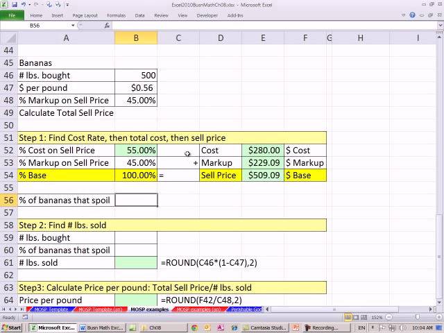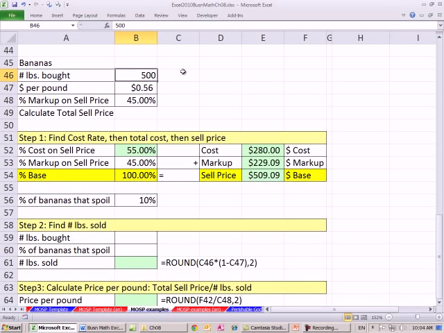But here's the kicker with perishable goods. What if they tell you that 10% of the bananas will spoil, and you still want 45% markup on sales price? Well, we went ahead and calculated, assuming that all 500 would be good. If all 500 were good, we'd just take this divided by that.